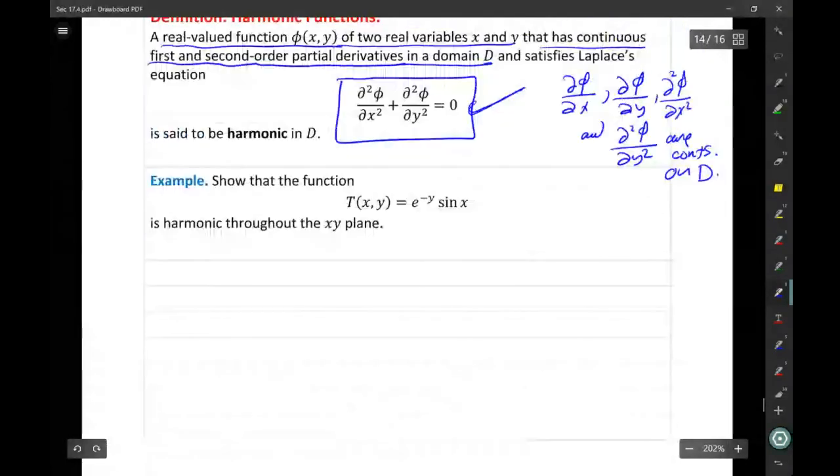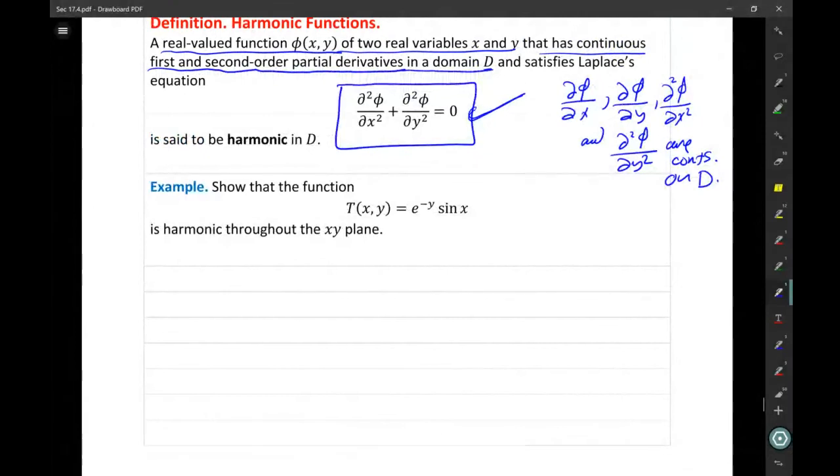Let us now see this function. Show that the function T of x, y equals e to the minus y sine x is harmonic throughout the xy plane.